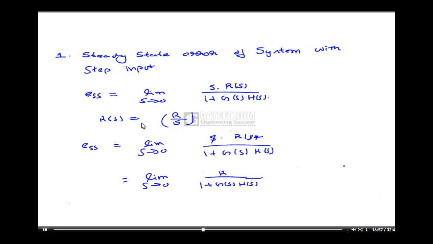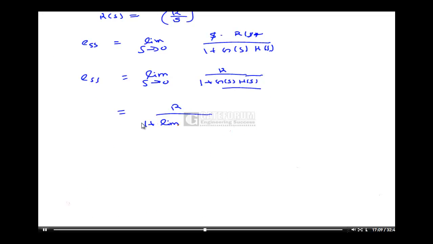Okay, so my steady state error now depends only on G(s)H(s). So I can write this as R upon 1 plus the limit s tending to 0 of G(s)H(s). This is known as the position error constant, Kp, which is equal to the limit s tending to 0 of G(s)H(s).